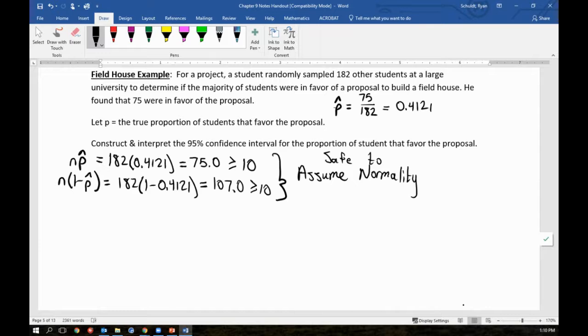Okay, so what we're going to do is have a table. One column is going to be our level of confidence. And then the other one's going to be our critical value, which I'm going to call Z crit.